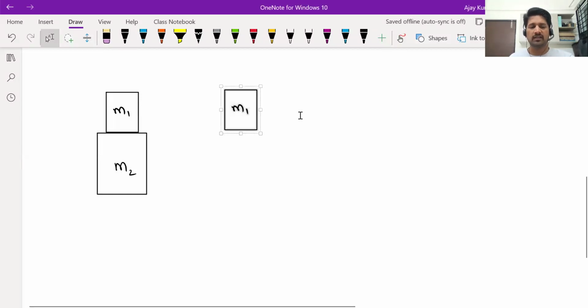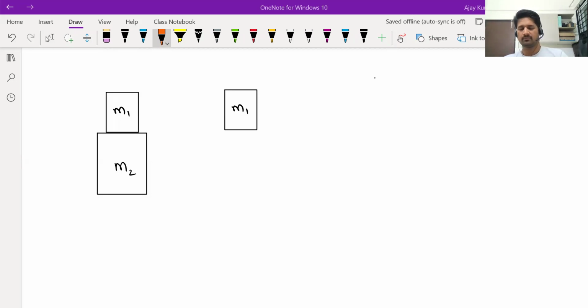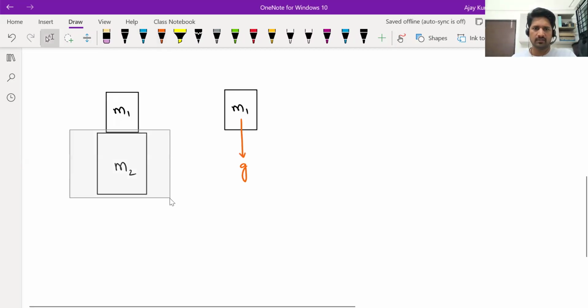With what acceleration will it move if only gravity acted on M1? Saket, tell me. Yes, acceleration due to gravity, 10 meter per second squared. Let's just call it g. So had M2 not been there, only M1, it would have fallen with an acceleration equal to g.